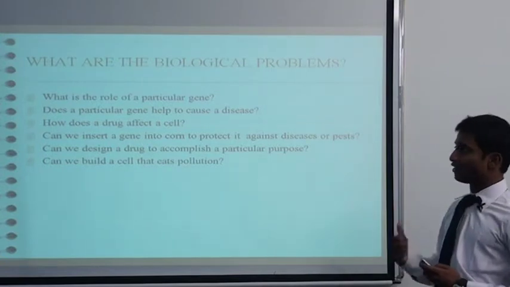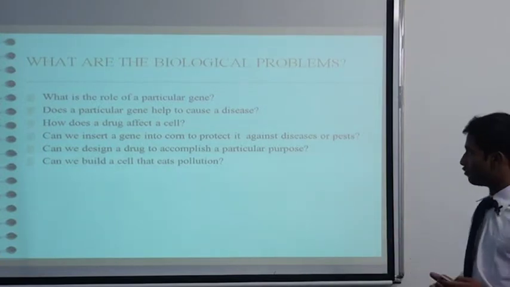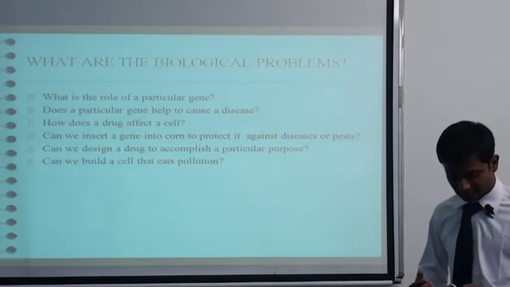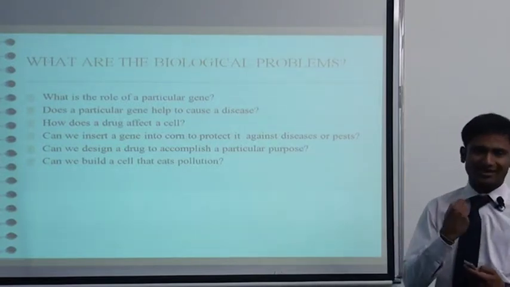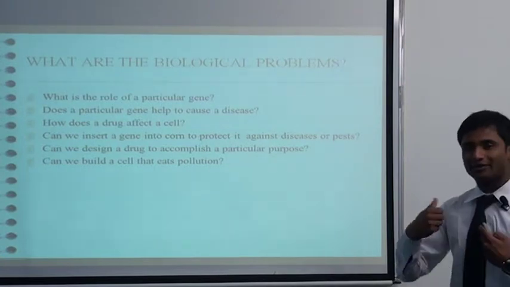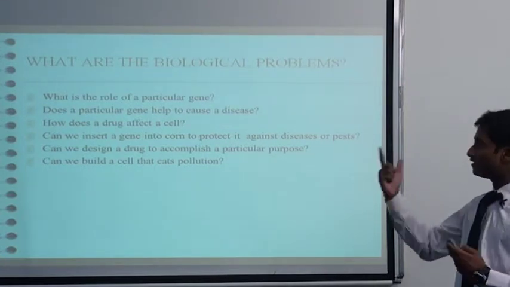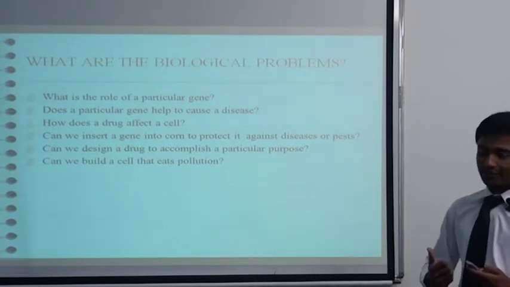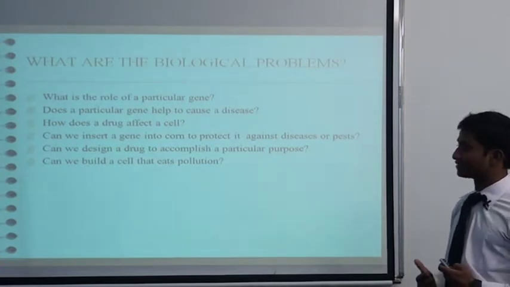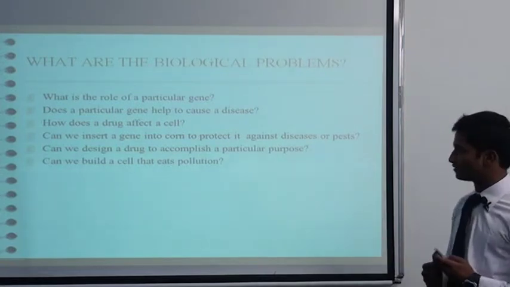So finding this out is very difficult. Now, how does a drug affect a cell? Suppose I develop a new drug and inject it into my body. What will be the effect, does the drug affect a cell or not? That has to be found out. It is also a difficult task in biological science.